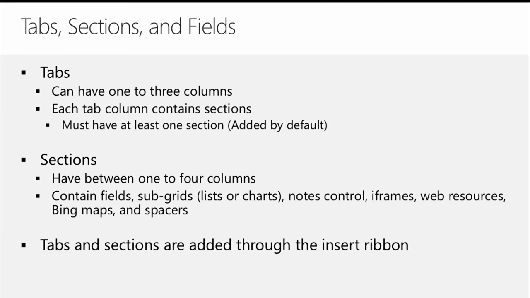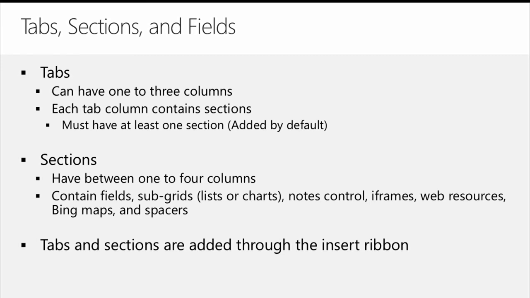From a tab standpoint, you can typically have between one and three column tabs on the form itself. Each tab column will have individual sections associated with it. So whenever you add a tab, regardless of how many columns that tab has in it, it will default in with at least one section, because you have to have a section on that tab in order to add fields to it.